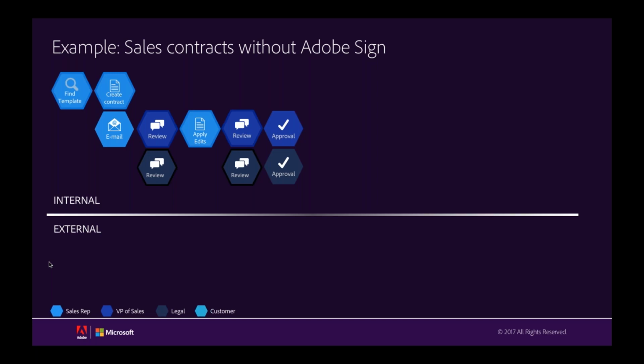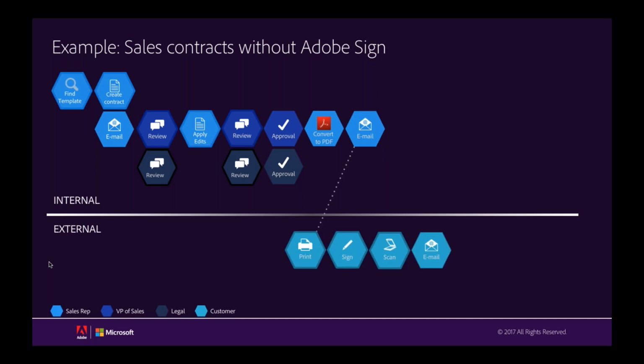It comes back to the sales rep to apply edits, further review and approval, and then finally you get to the point where you're ready to send it out. You convert it to PDF, you send it in email. Now it comes across to the customer. What's the customer doing?